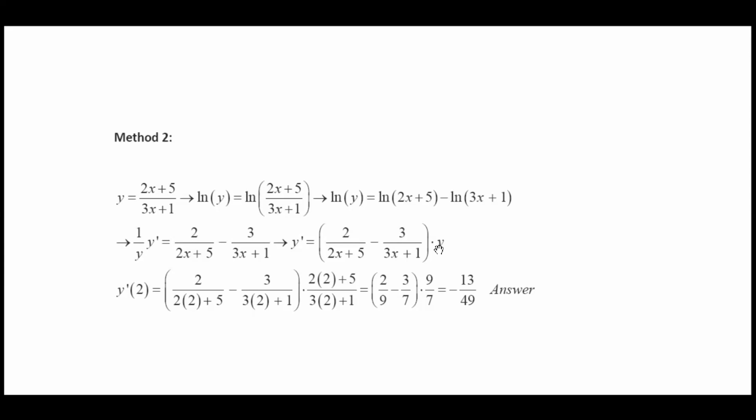So everywhere there is an x, I'm going to put a 2. And this y happens to be this quantity right here, 2x plus 5 over 3x plus 1, so I'm going to put that in. And now I'm just going to do the arithmetic, and you're going to have to trust me that I get the same answer, negative 13 over 49.